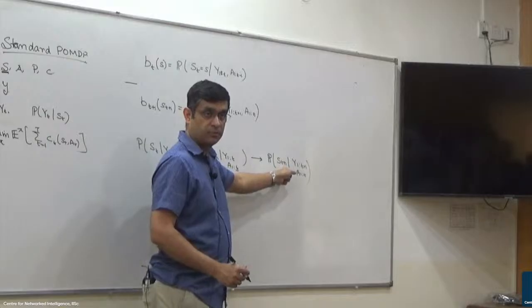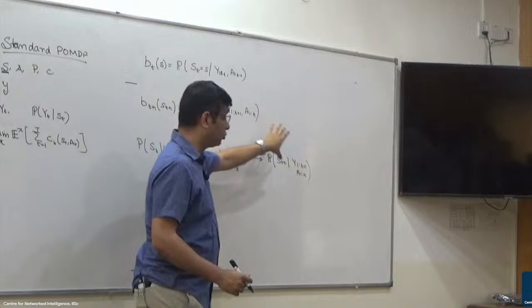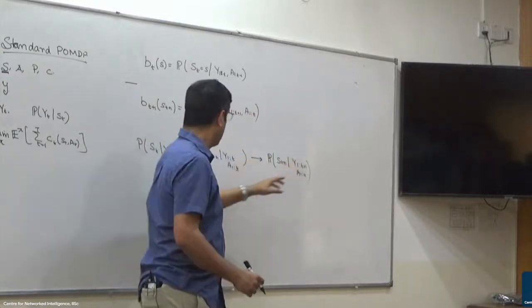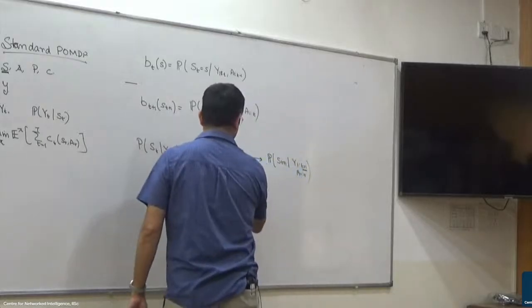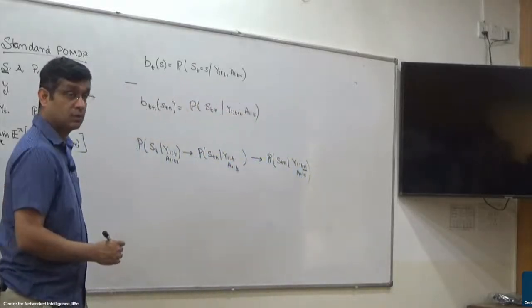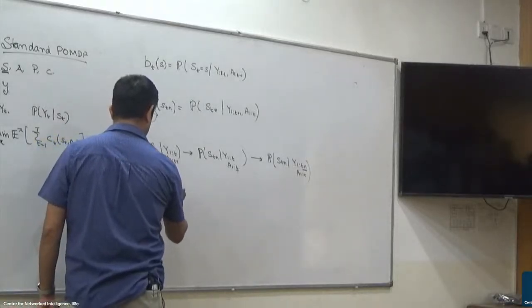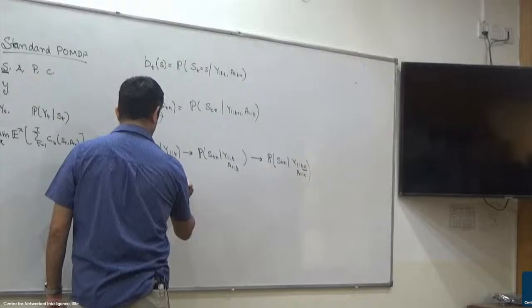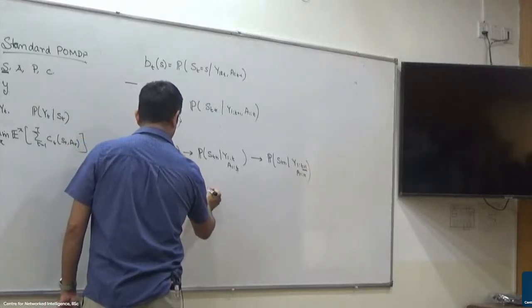Okay. So I can go from the belief at time t to the belief at time t plus 1 as a function of the observation at time t plus 1 and the action at time t. So I can write down a nonlinear filter which says that the belief at time t plus 1 is some function of the belief at time t, y t plus 1 and a t.